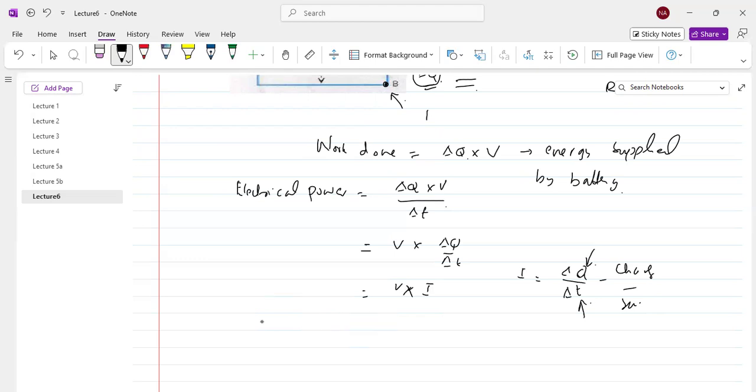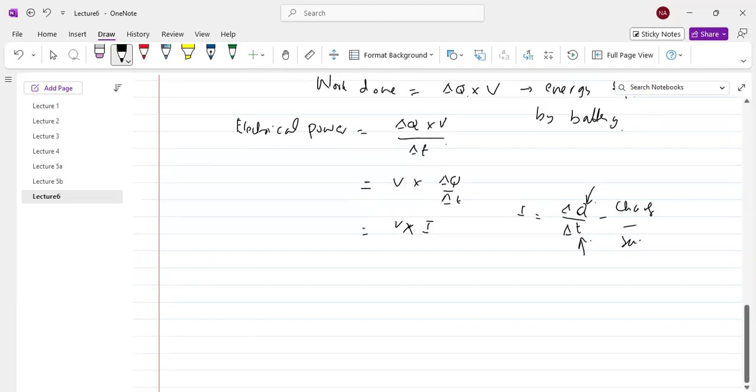Since this energy supplied, or electrical power supplied by the battery, is utilized or dissipated in the resistor, the heat dissipated in the resistor can also be defined as power dissipated.